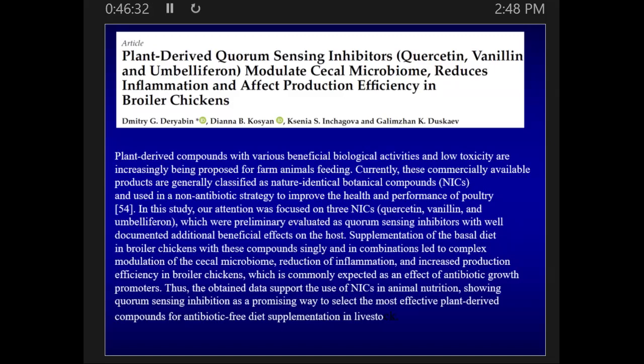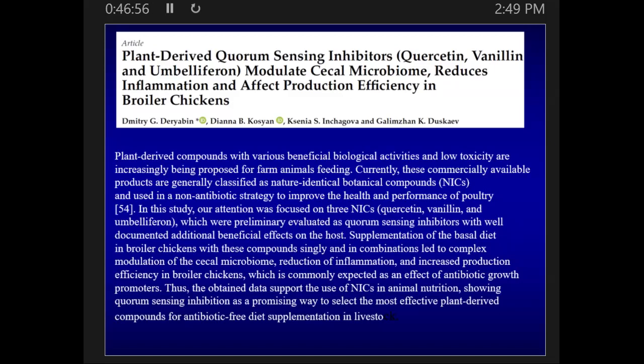But anyways, with this, they're looking at quorum sensing. Over in Europe, they're forced to do something else. They can't use antibiotics now. And so they're looking at quorum sensing to reduce inflammation. So again, this idea of inflammation being caused by certain microbes.